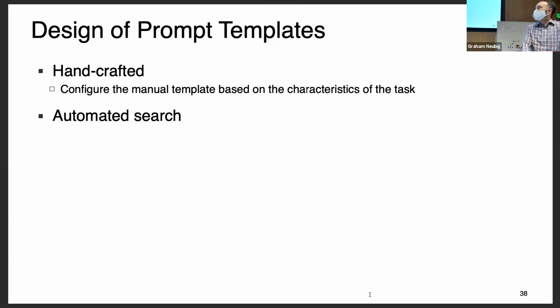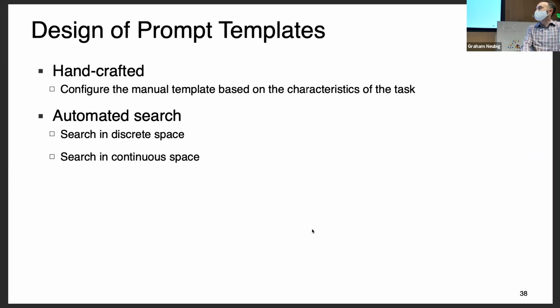On the other hand, we can also do automated search for templates. And there's kind of two types of prompt templates that we could be using. The first one is discrete text in the language that the language model is working in. And another one, which actually is somewhat popular nowadays, is to do search in continuous space.